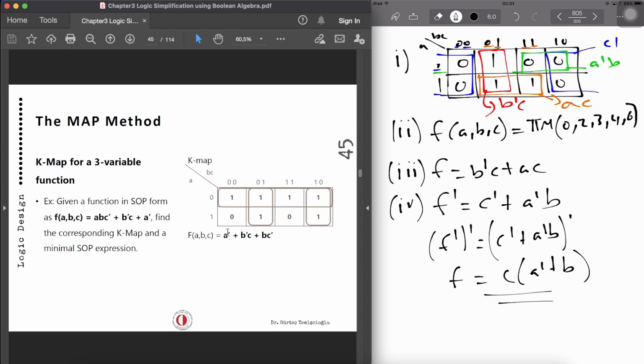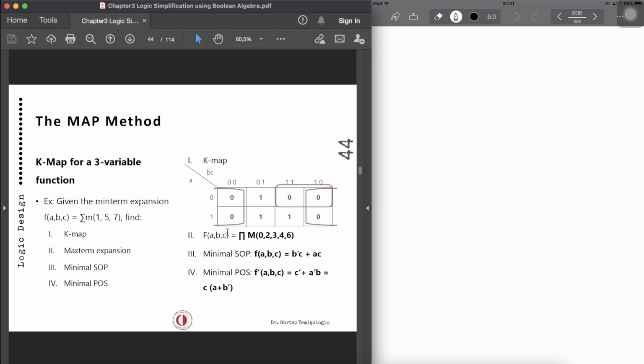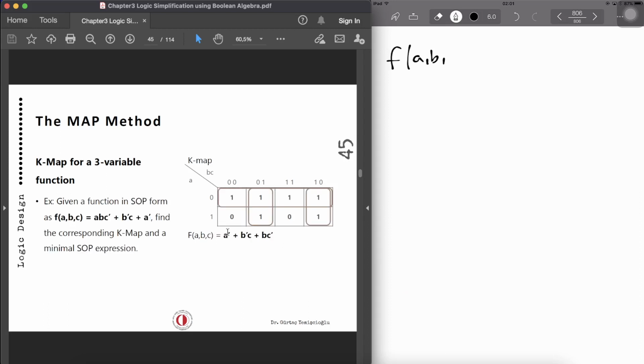Okay, so another property, another example, sorry. Let's have another one over here. But rather than having the min terms or the truth table, we can have A, B, C. I can show you the equation: A B C prime, or B C prime, or A prime.